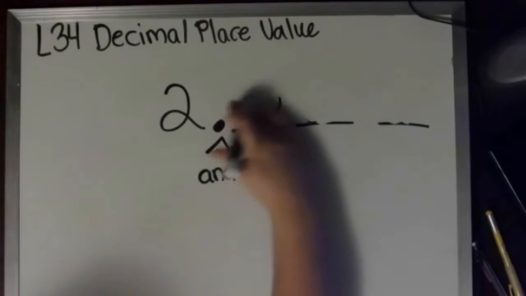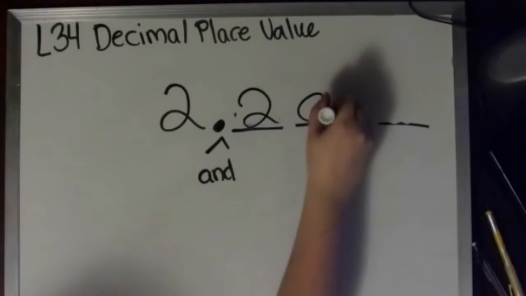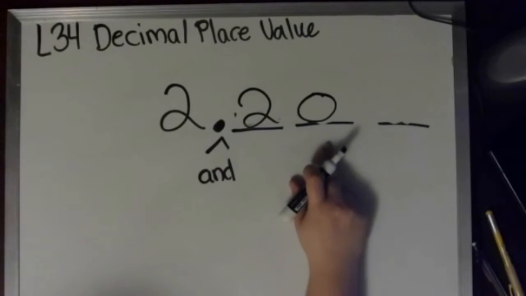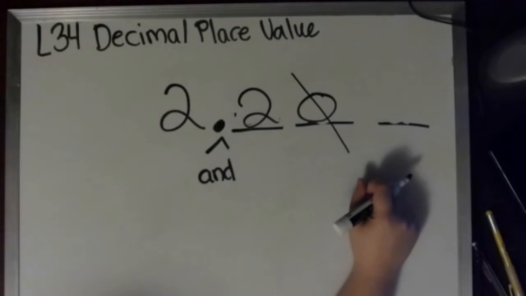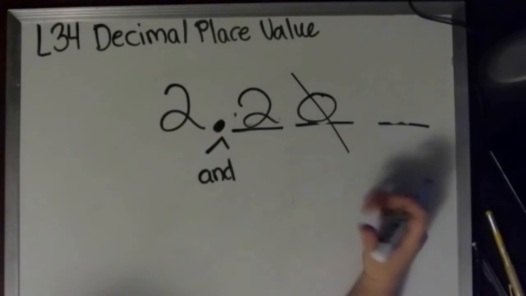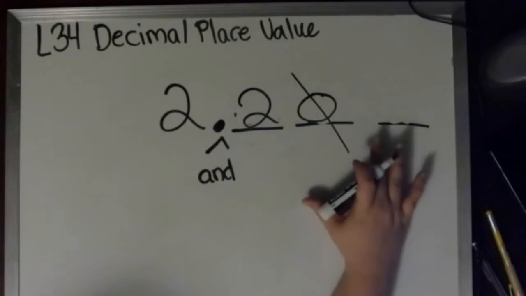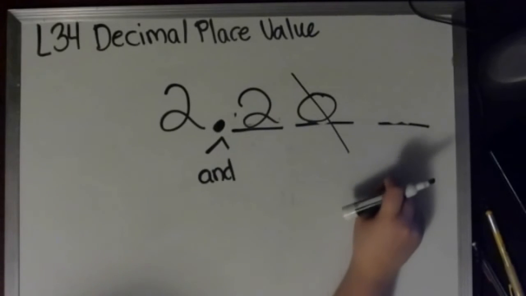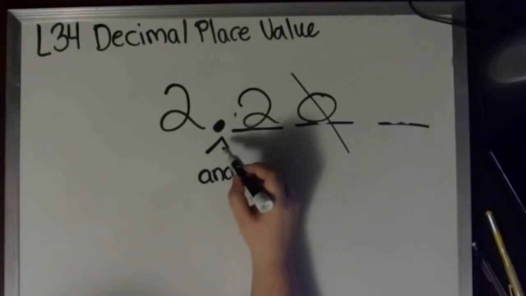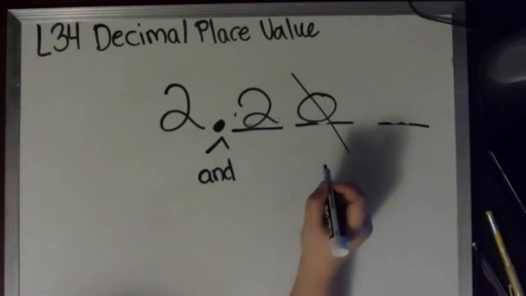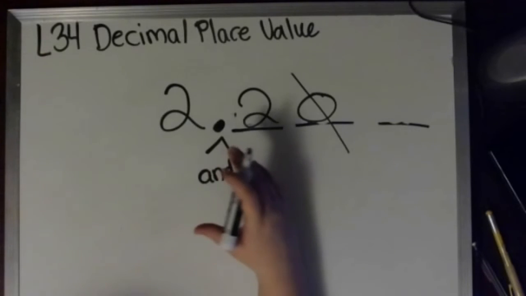If I switch those around and did this, I do not say this place value. You do not say place values that have zeros in them, because in the actual world, every place value you are not using has a 0 in it. We just don't write them because we're lazy, and we don't want to write 50 billion zeros every single time we write 2. So this is 2 and 2 tenths, not 20 hundredths, 2 and 2 tenths.